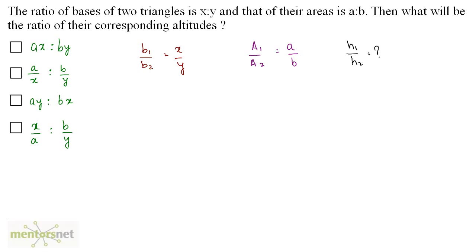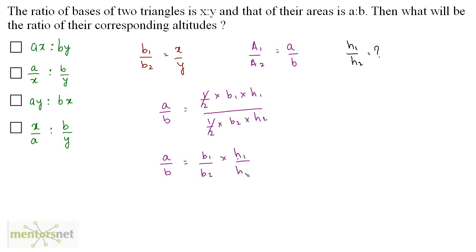Okay. Now we can write A1 by A2 as A by B. It can be written as A1, half into base into height of the first triangle, upon area of the second triangle, half into B2 into H2. Half and half get cancelled out. A by B is equal to B1 by B2 times H1 by H2.